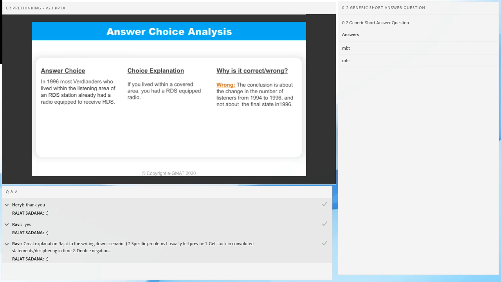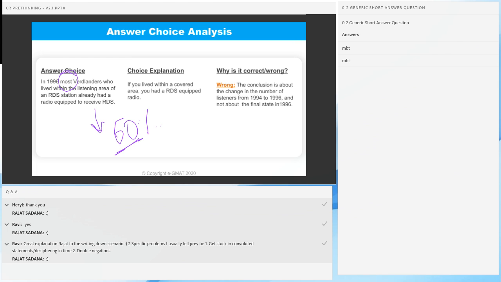Now let's play on this word most over here. What this choice is saying, let's translate this choice: in 1996, most, let's say most is 60%, 60% of all Verlanders had an RDS radio.